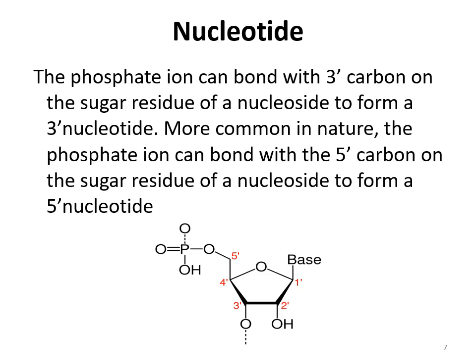When it attaches to the 3 prime carbon of the pentose sugar, the nucleotide is termed a 3 prime nucleotide, and when it is attached to the 5 prime carbon on the sugar residue, the nucleotide is a 5 prime nucleotide. In nature, 5 prime nucleotides are more common, so they are dominant over the 3 prime nucleotides.